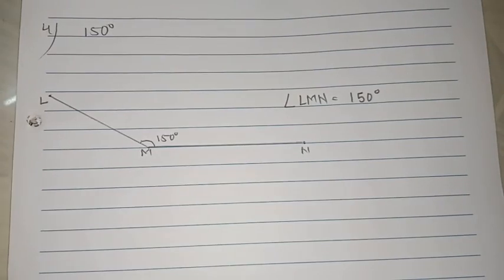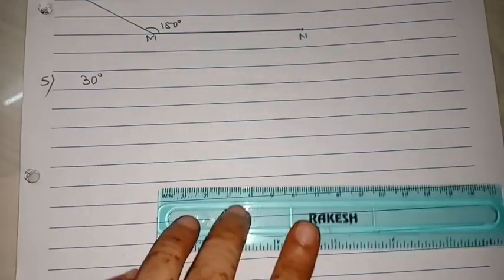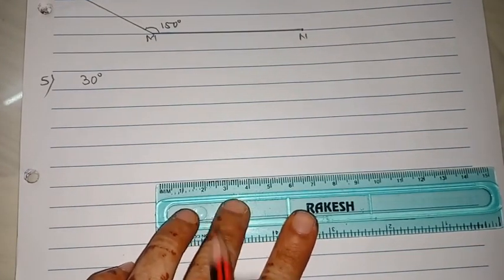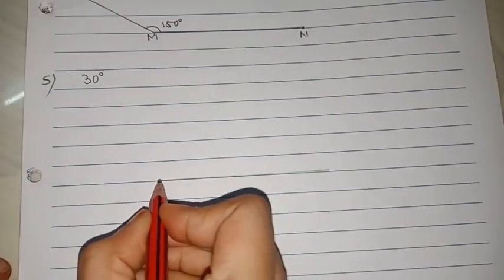Done? Now, question number 5. 30 degree. Take a scale and draw a line. Done. Now take a protractor.